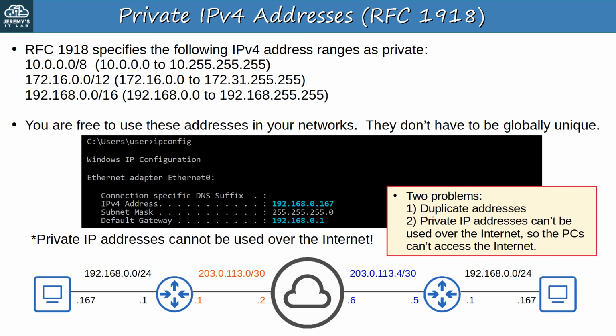So my PC can borrow my router's IP address and communicate over the internet using 203.0.113.1, and the other PC can communicate over the internet using 203.0.113.5. Anyway, I'll explain NAT next. Regarding private IP addresses, remember the RFC number 1918, remember the 3 private IP address ranges, and remember that they can't be used over the internet.